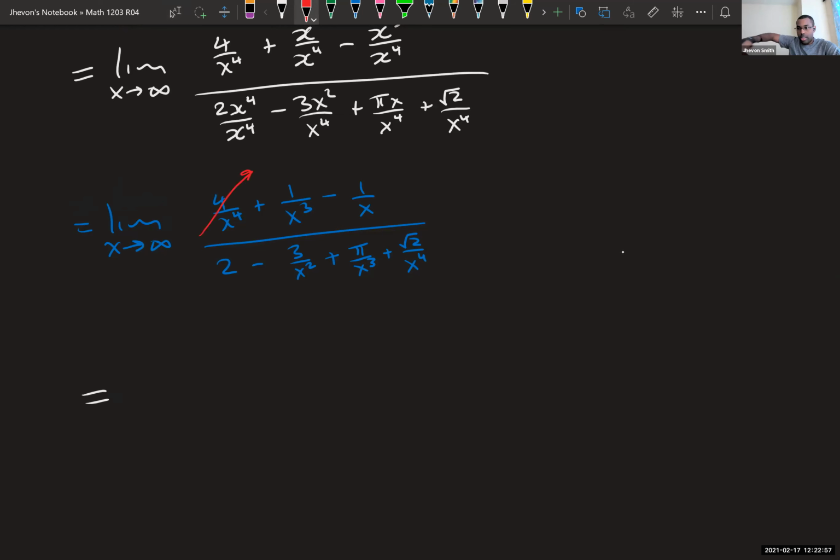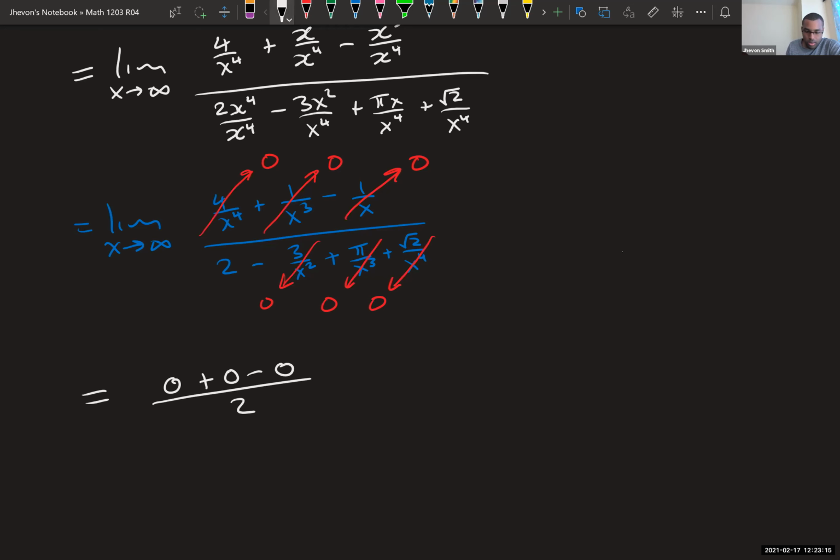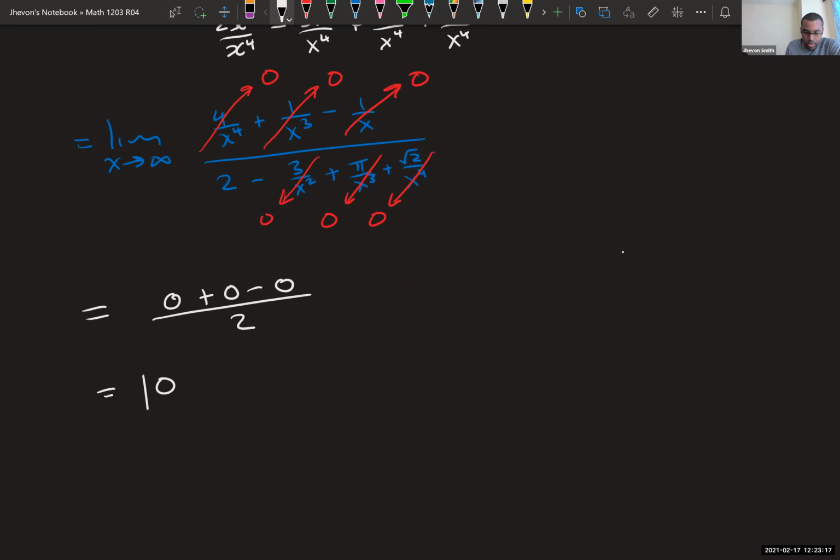We know that that's going to look like this, asymptotic to the x-axis. This guy's going off to 0. This guy's also going off to 0. This guy's also going off to 0. You're going to notice that this guy goes off to 0 for the same reasons. So you end up with 0 plus 0 minus 0 over 2, which is just 0. Right? Limit is actually 0.